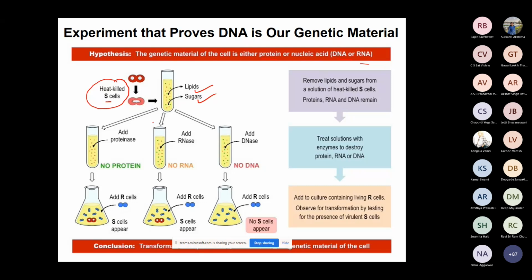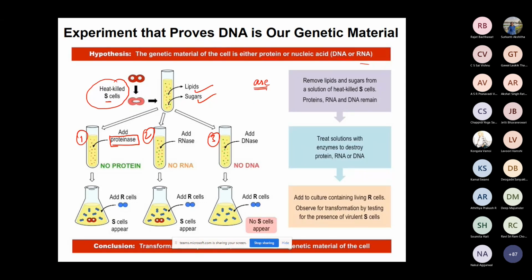And now what happened? They distributed this material into 3 different tubes: tube 1, tube 2, and tube 3. And in this tube, they add one enzyme. This is called proteinase. I will tell you how to remember this name. For all biological enzymes, all enzymes in living systems, we put ASE at the end.